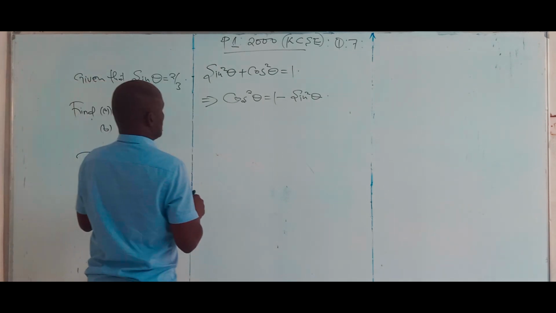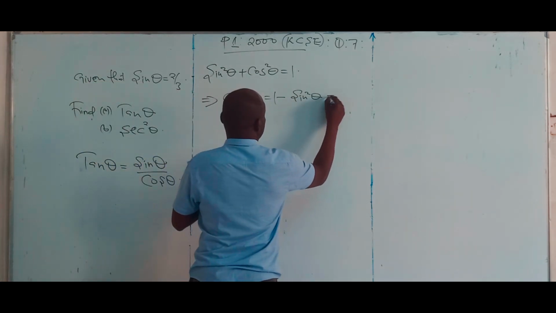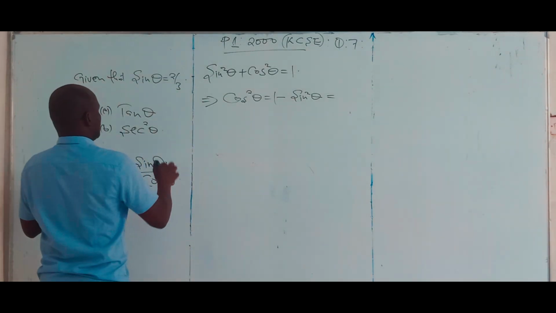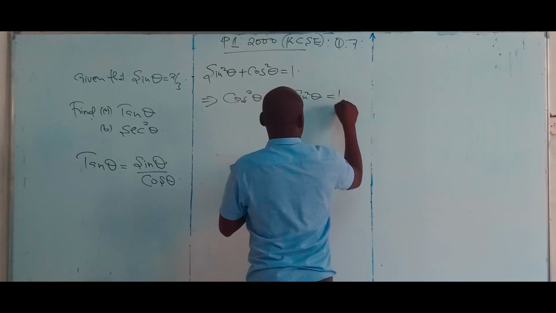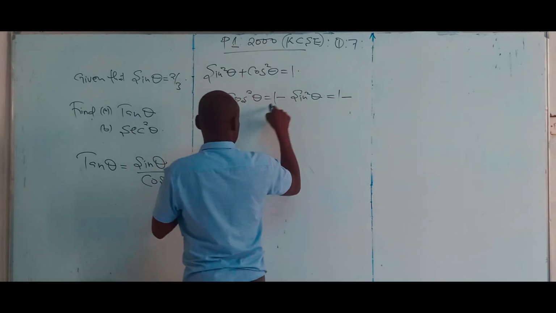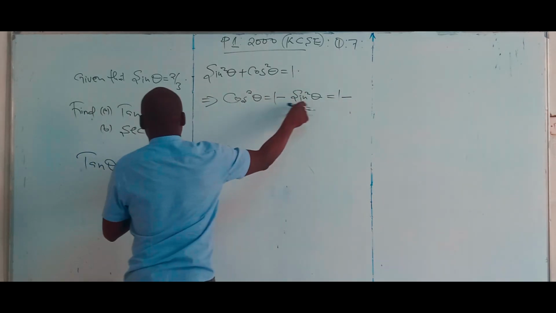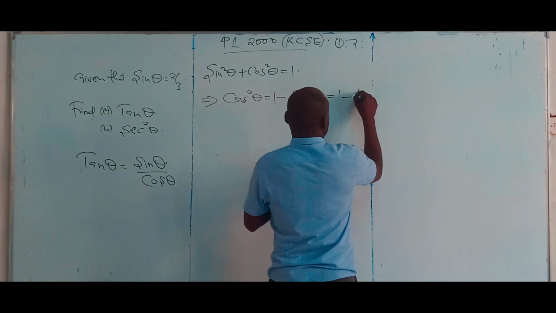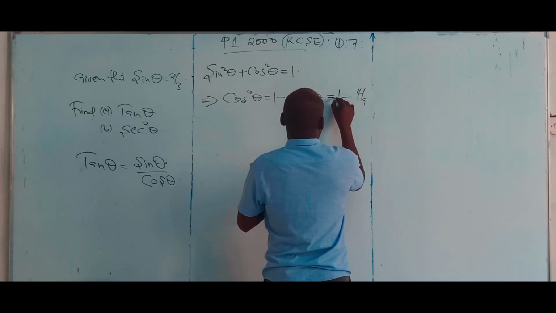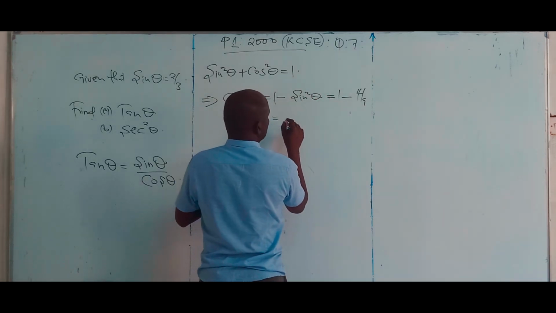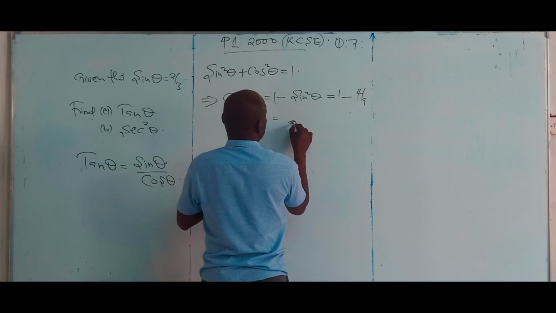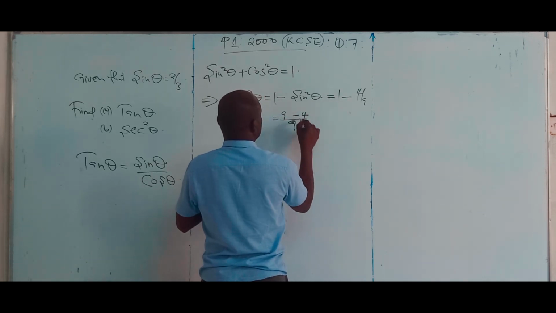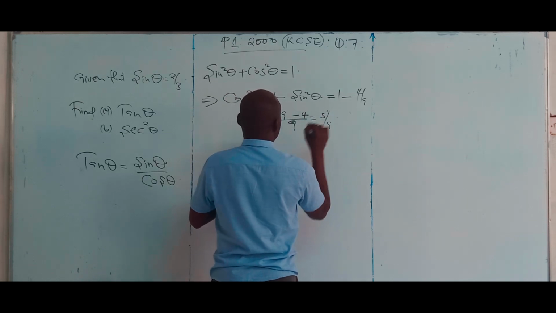So cos squared theta is 1 minus sin squared theta, which is 1 minus (2/3) squared. Squaring this gives 4/9. So it's 1 minus 4/9, which is 9/9 minus 4/9, which is 5/9.